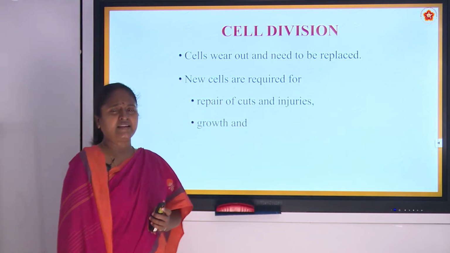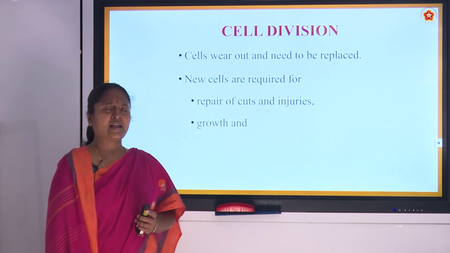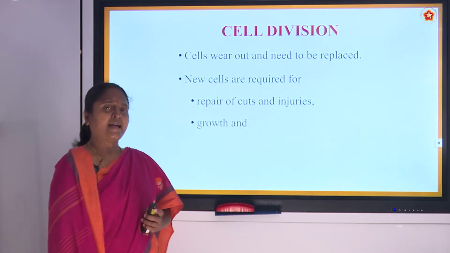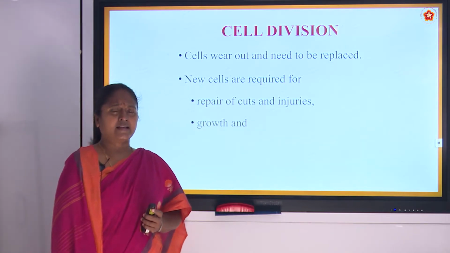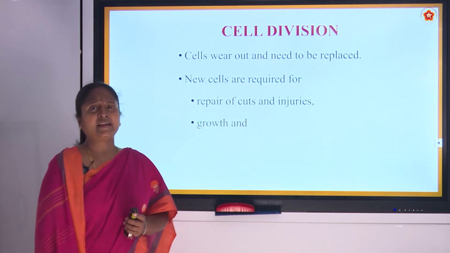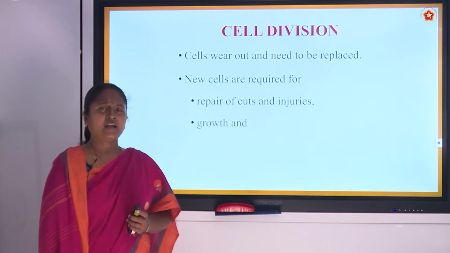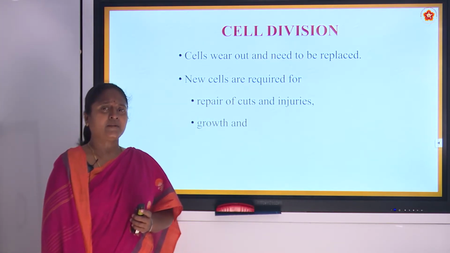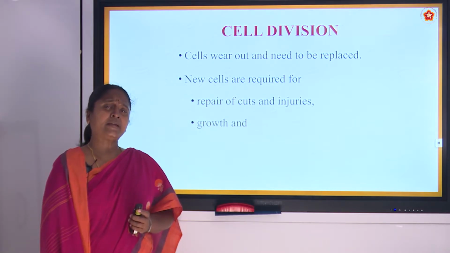The next one is growth. When we are very tiny, we have very few cells. As the organism grows, it tends to increase its body mass, right? We were like tiny babies when we were born. Now we are all very big. How did we become so big?